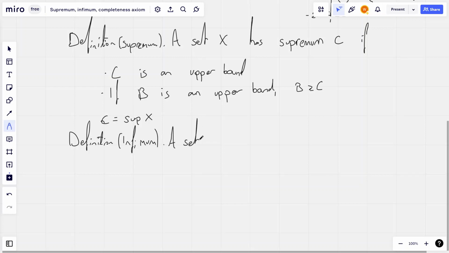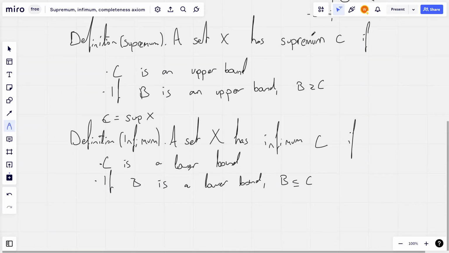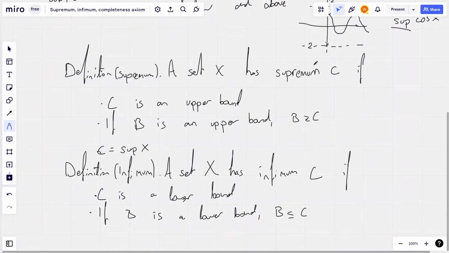A set X has infimum C if C is a lower bound, and if b is a lower bound, then b is less than or equal to C. So this is very similar to the supremum, except the other way.